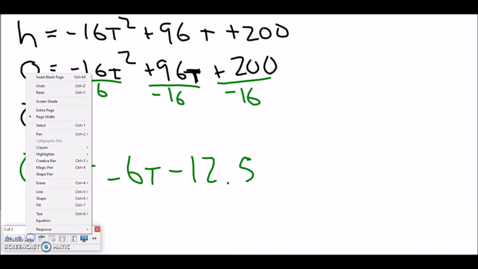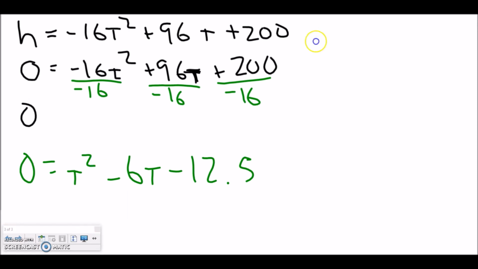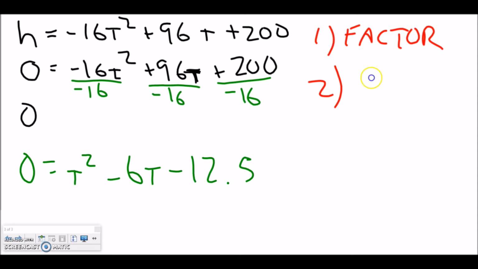Now we're going to have to solve for t, and we have our 3 choices. So first, we're going to try to factor, and this does not factor, and we don't like trying to factor decimals anyway. So since that doesn't factor, our 2 other choices are complete the square or quadratic equation.